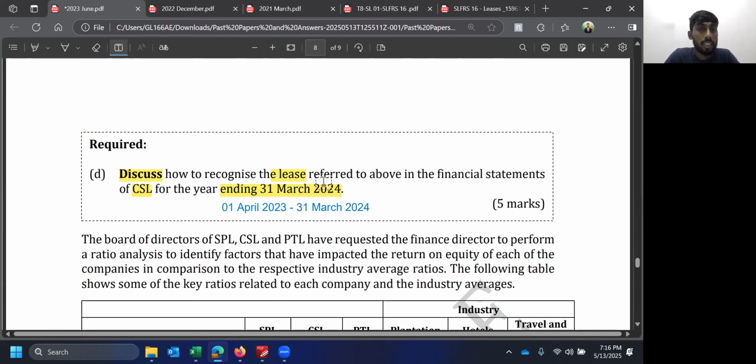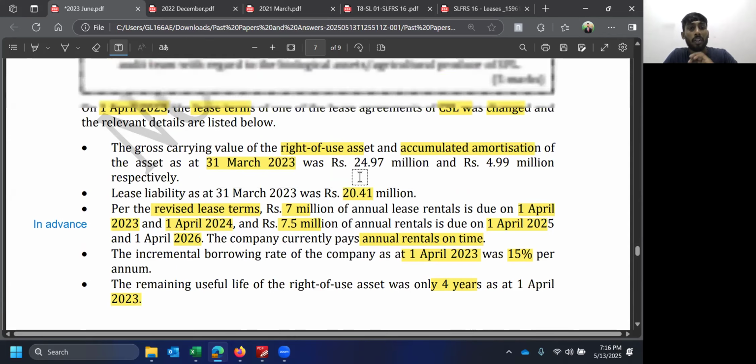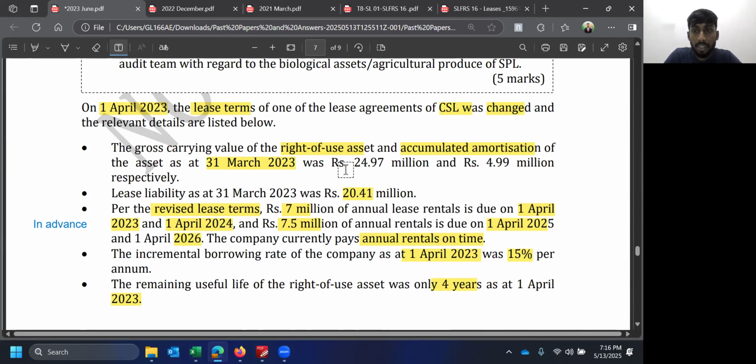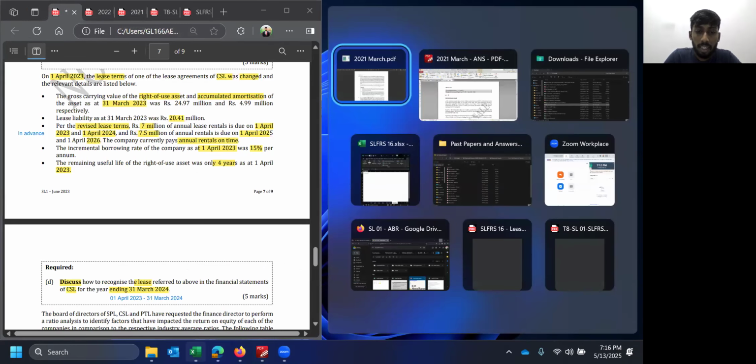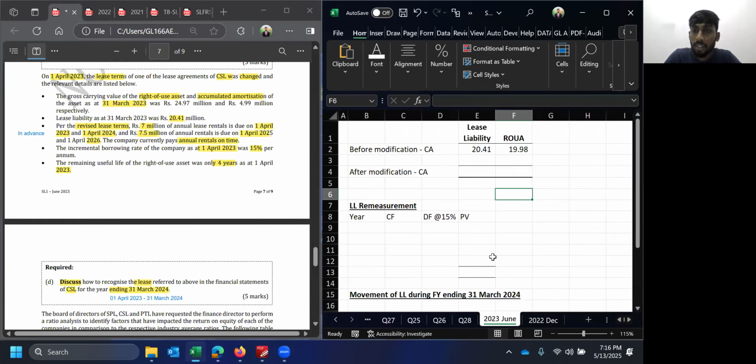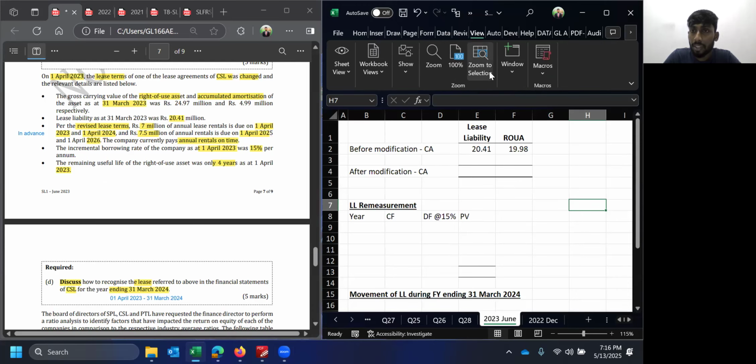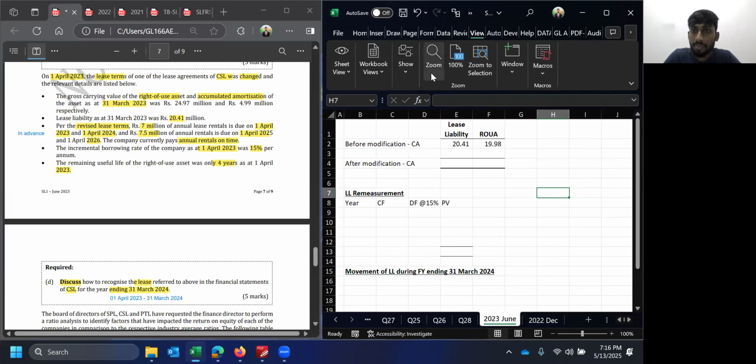That's how it goes. So now you know this is the lease remeasurement. Therefore, let's work it out. I believe that you all are also working with me. Please work along with me, then it will be easy for you all.